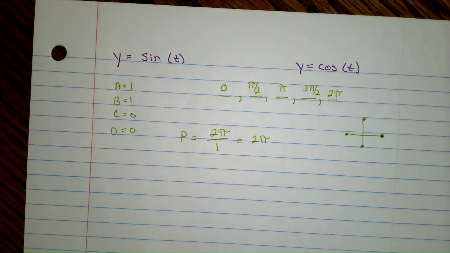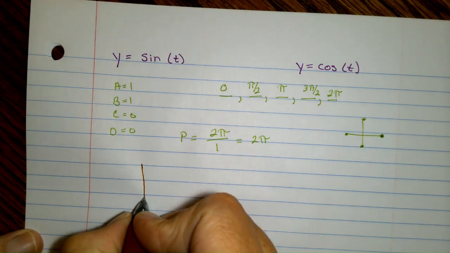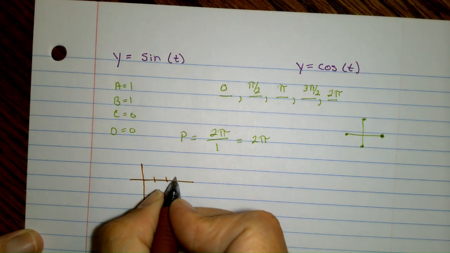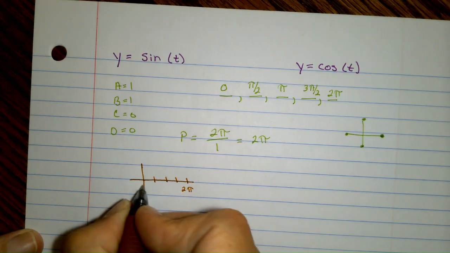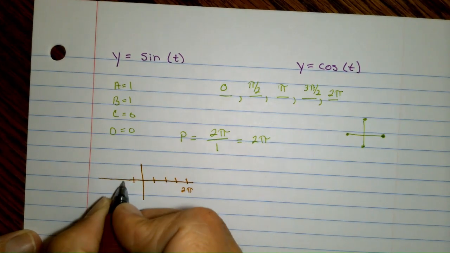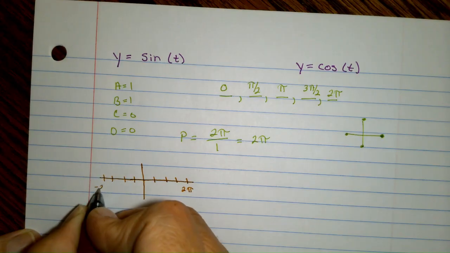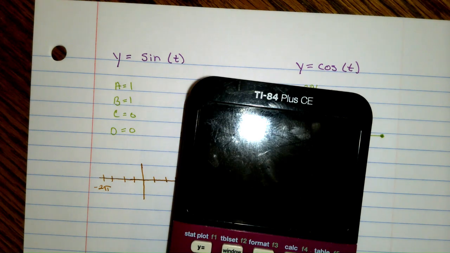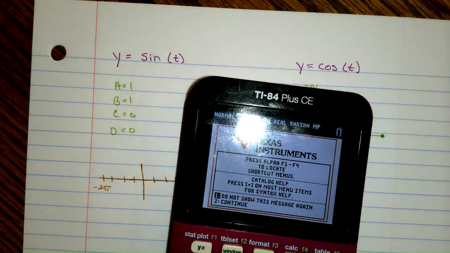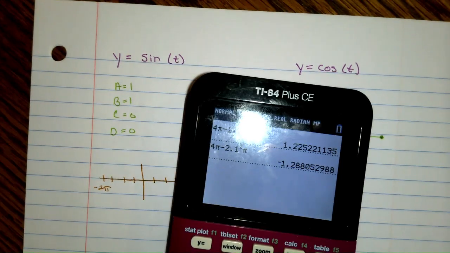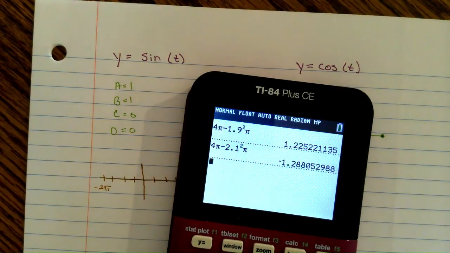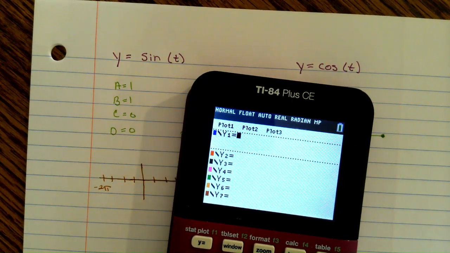So I'm going to graph 1, 2, 3, 4. There's 2 pi, and I'm going to go backwards. 1, 2, 3, 4, negative 2 pi. And I numbered by pi over 2, so I know my scale factor. So I'm going to come in here, Y equals. I'm in radians, so that's good. I want to graph sine of t.